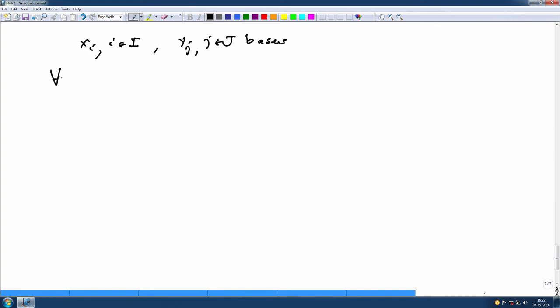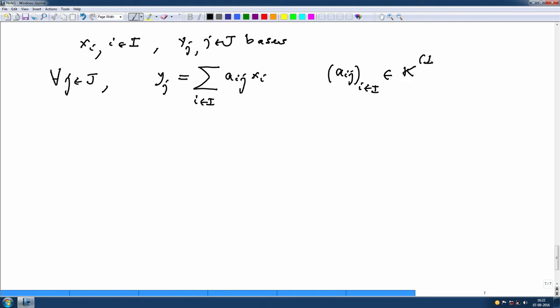So, for every j in J, this vector y_j I can write as a finite combination of this x_i family. So, this is the summation of a_ij x_i, this sum running over I, and the tuple a_ij, where i is varying, belongs to k power round bracket A. That means for fixed j only finitely many a_ij's are non-zero.